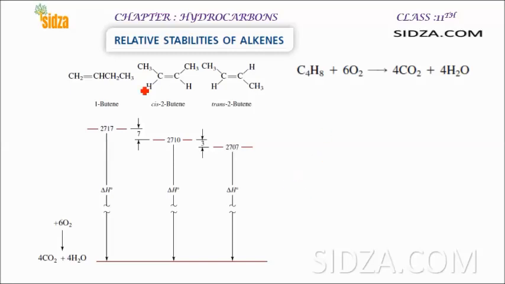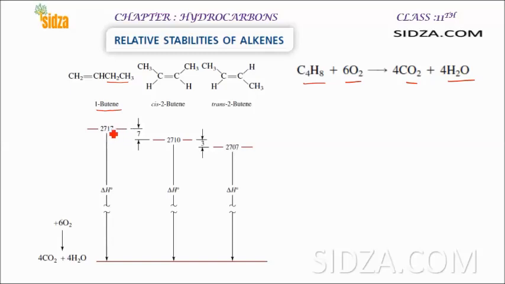Suppose you take a butene molecule. The heat of combustion, when we react it with oxygen and form carbon dioxide and water, the enthalpy changes are different for different molecules. You have here but-1-ene, which has 1 ethyl group attached to it, only 1 alkyl group.